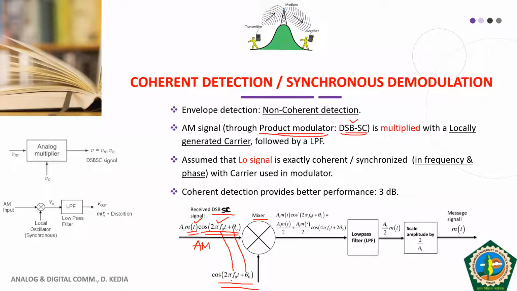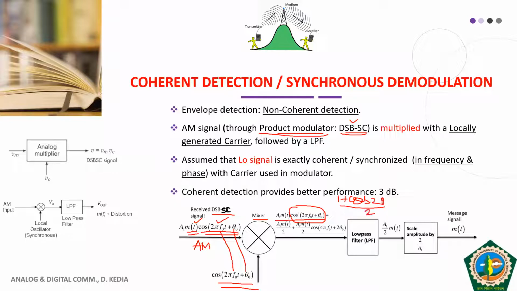Cos multiplied by cos will give us cos square. You see here that it becomes A1 m(t) cos square(2 pi f naught t plus theta). And we very well know a trigonometric identity for cos square: cos square theta can be expressed as (1 plus cos 2 theta) by 2.